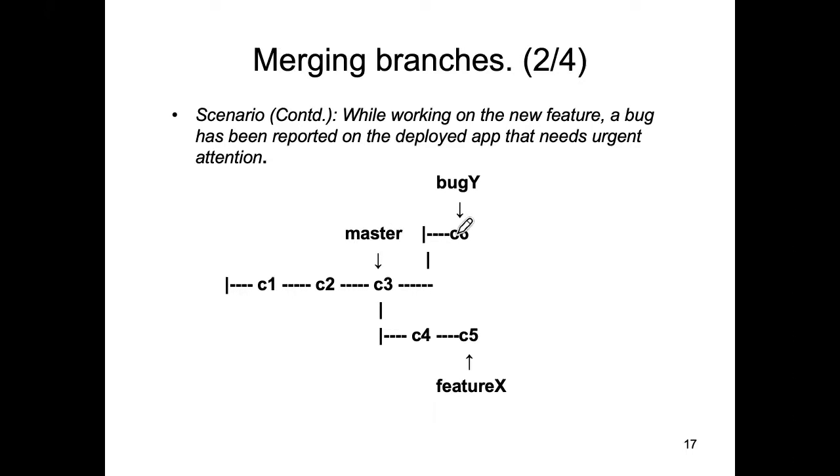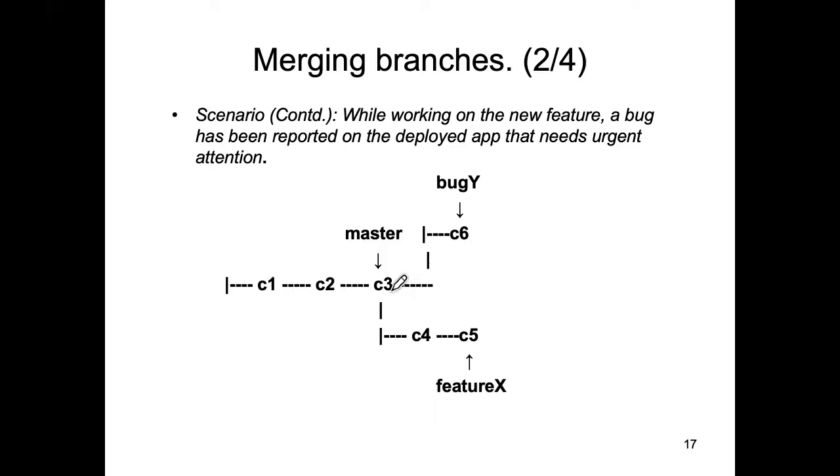simply upstream, as we say, even if there were a number of other commits here, and this is the current position of the bug Y branch. Still, the bug Y branch commit, the most recent commit, is, as we say, just directly upstream from the master branch.